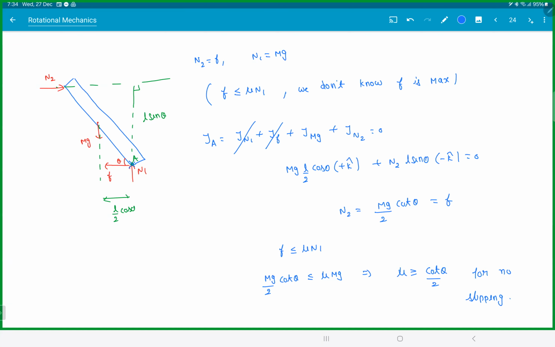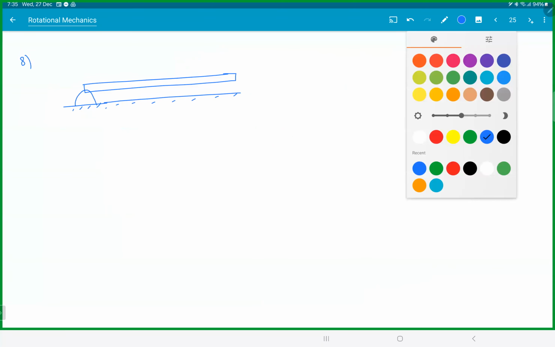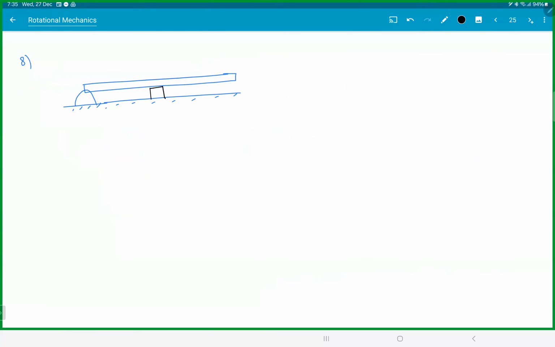Turn the page. Let's see something interesting. We have a wooden plank here with a hinge. You are supporting this wooden plank with a block. Think about it.